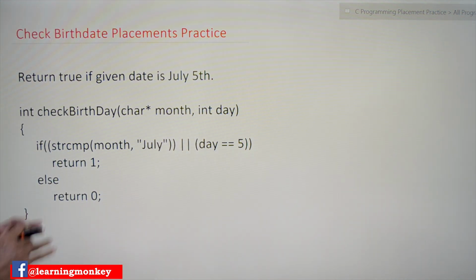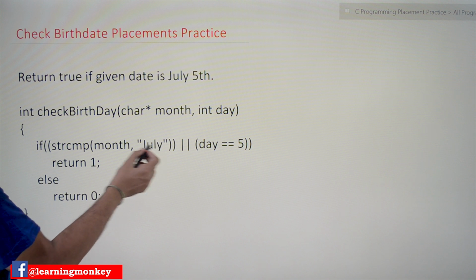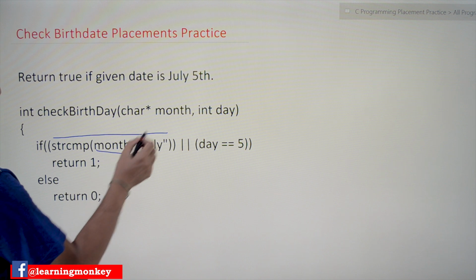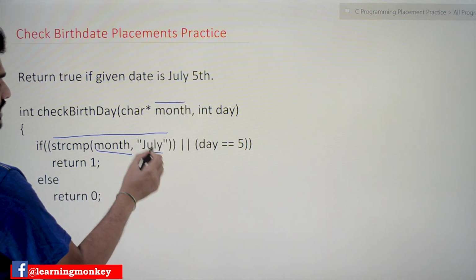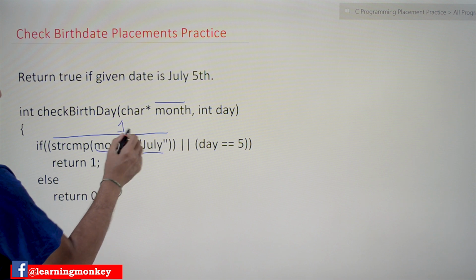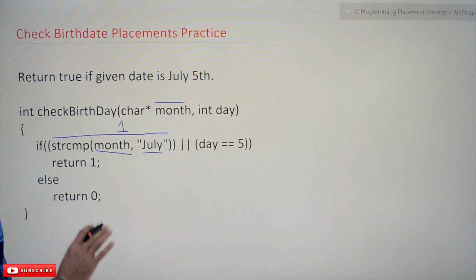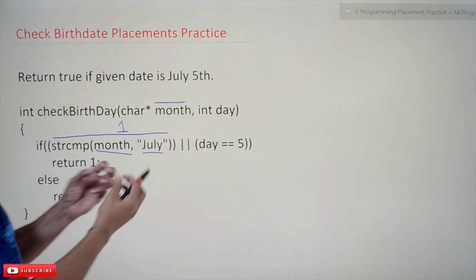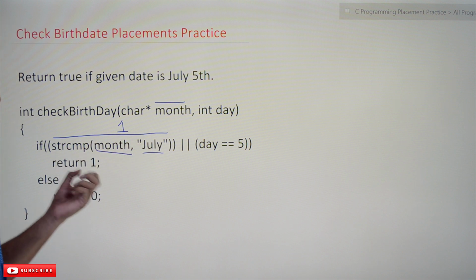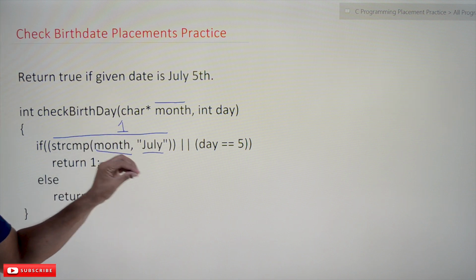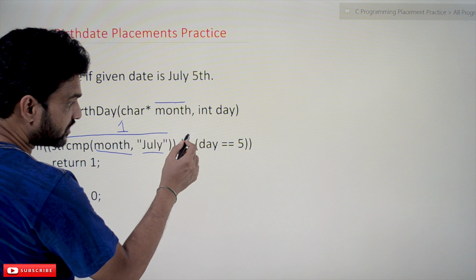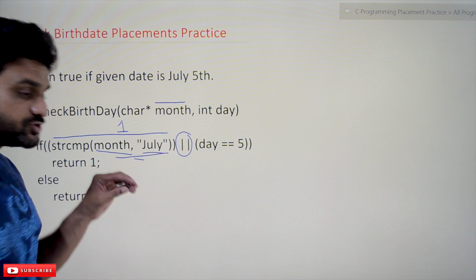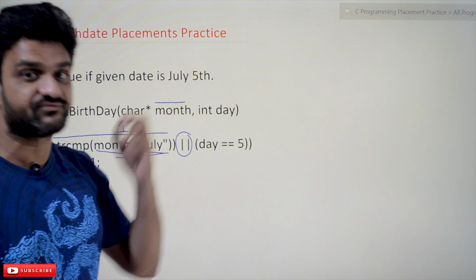Generally what we will think is, because the value stored in month is equal to July, this string comparison function will return 1, and day is equal to 5, both are equal. The problem with this program is that the OR functionality is used, but both should be true. The month should be July and the day should be 5th.